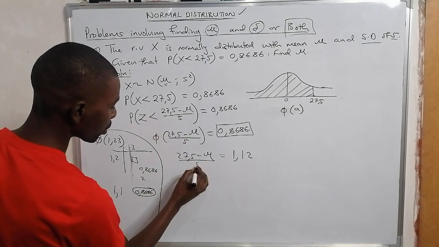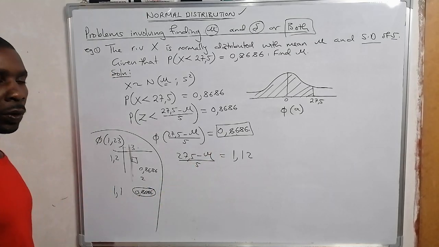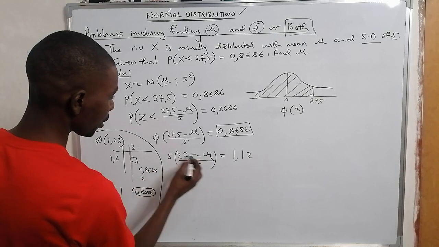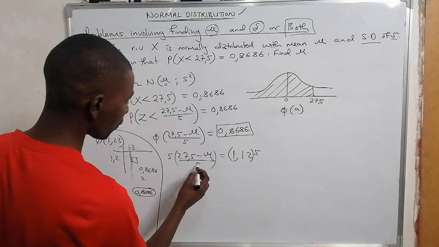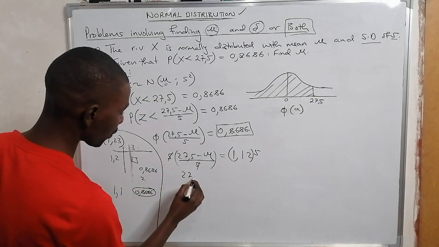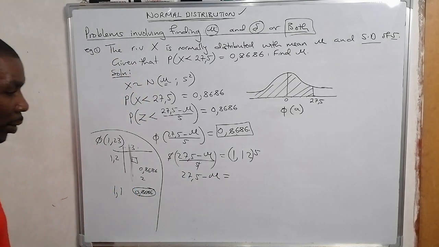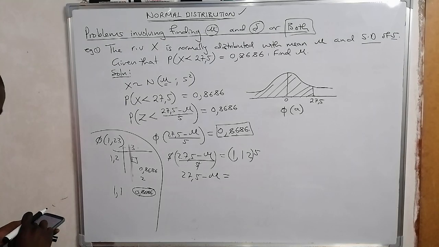Now we solve for our mean mu. We multiply both sides by 5 to remove the fraction. Therefore 27.5 minus mu equals 1.12 times 5.